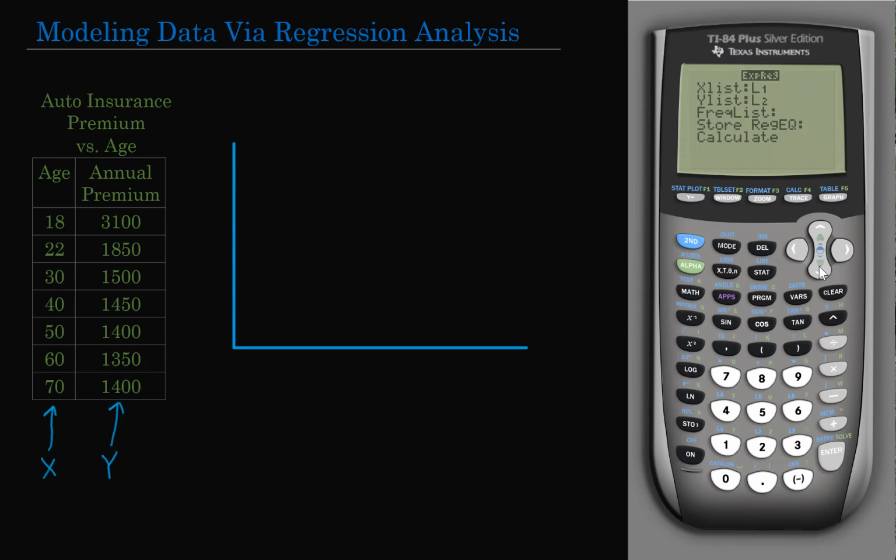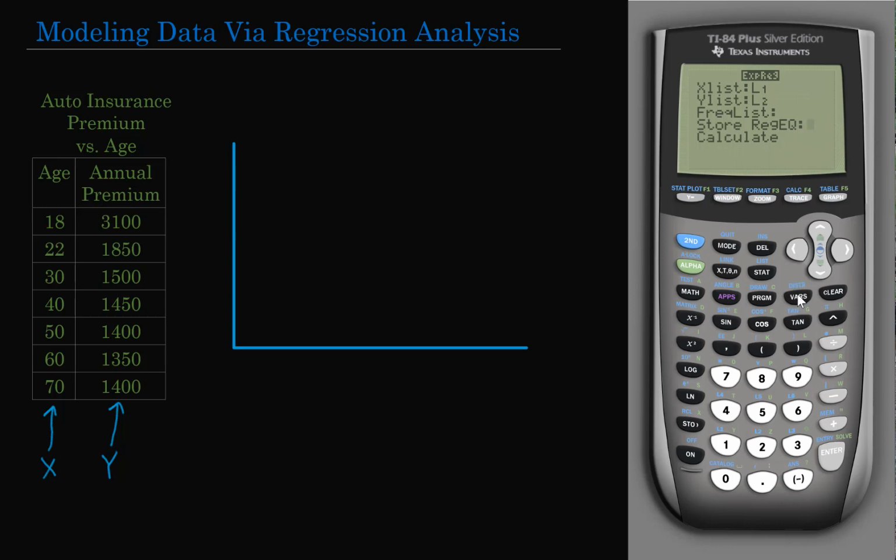What this is going to do is compute the equation and then paste it into y1, y2, or whichever variable you want. This saves you the time of having to write the equation down, go to y equals, and type it back in. The way you identify the location you want is you press variables.